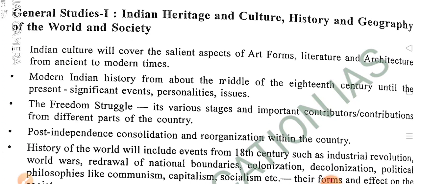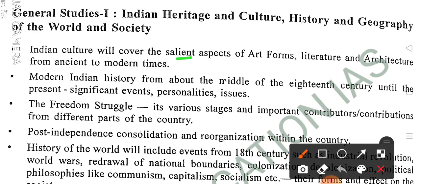So the next point is modern Indian history from about the middle of the 18th century until the present: significant events, personalities and issues. Here is the decline of the Mughals.